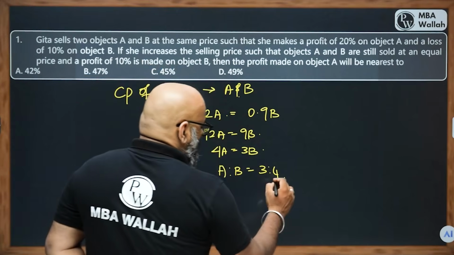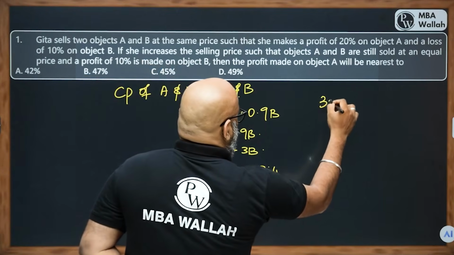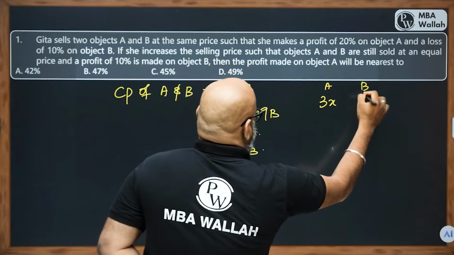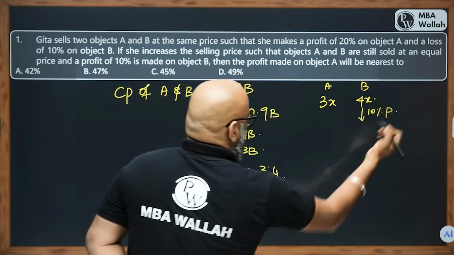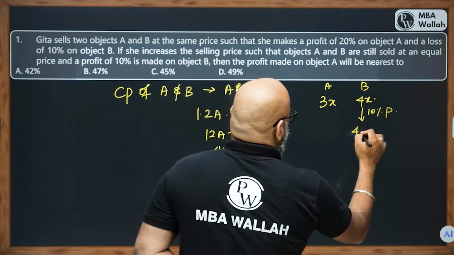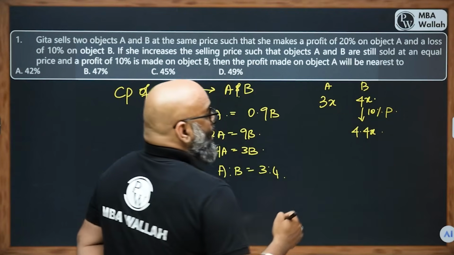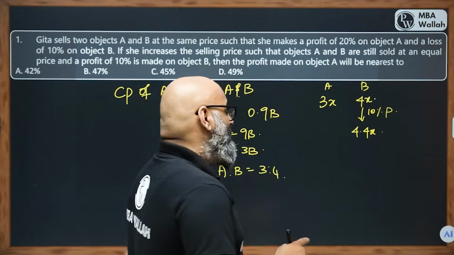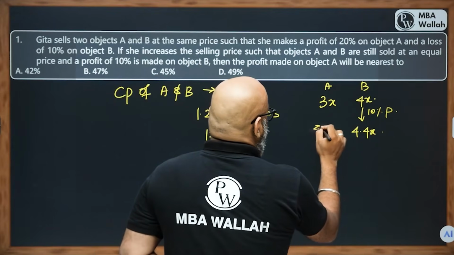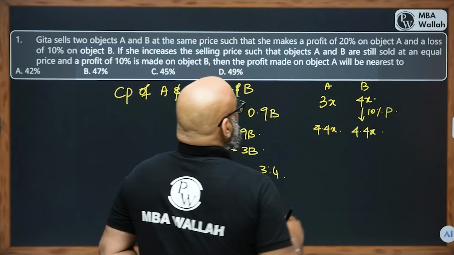So that means if A is 3x, B is 4x, a 10% profit is made, which means this will be 4.4x. But I also know that both of them will be sold at the same selling price. So this will also be sold at 4.4x.